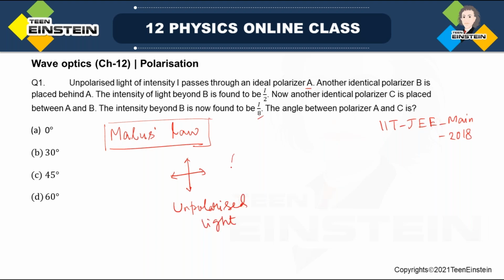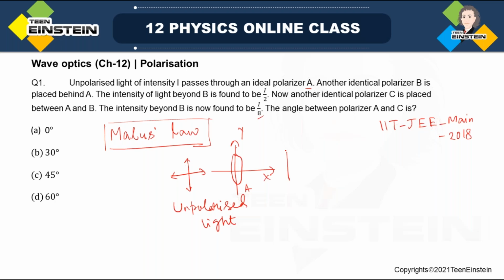Now when this light is passed through a polarizer, or a polaroid, the polarizer has its pass axis. Suppose the pass axis of polaroid A is in the y direction, perpendicular to the x direction.